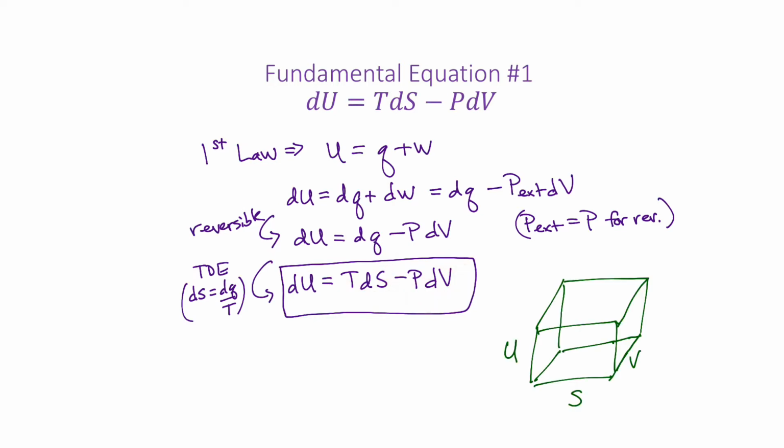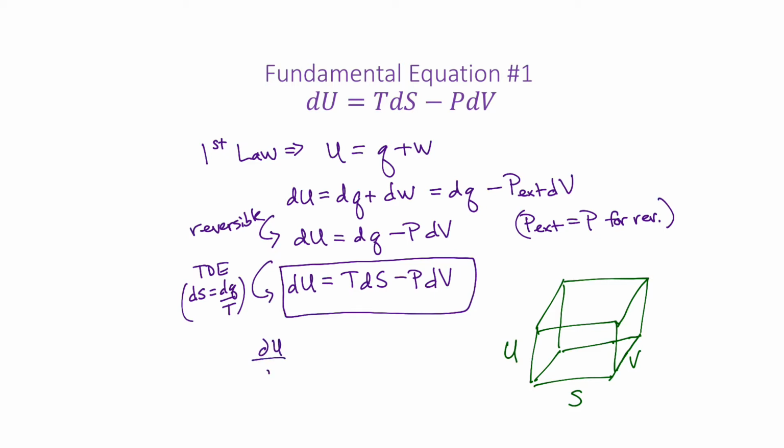So what that's going to look like is this 3-dimensional state space like this. We have our internal energy U as a function of entropy and volume. If we want to start to get a sense of what that state space is going to look like, we can do our partial derivatives.